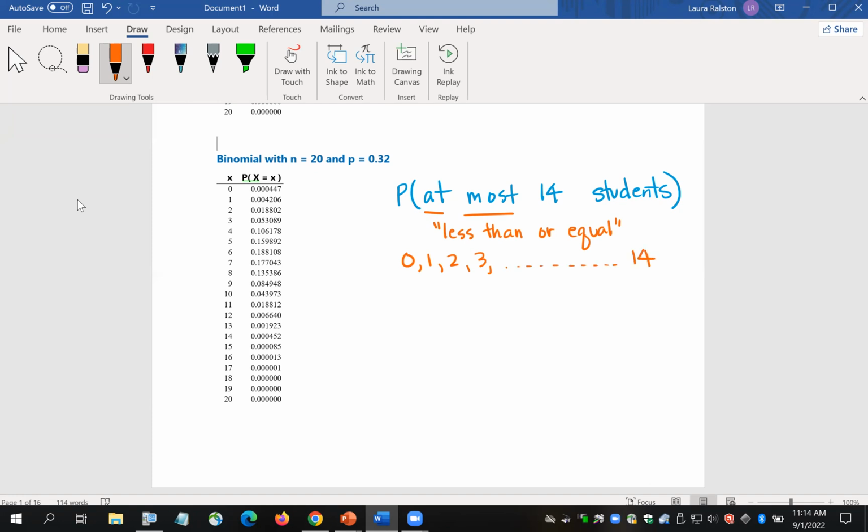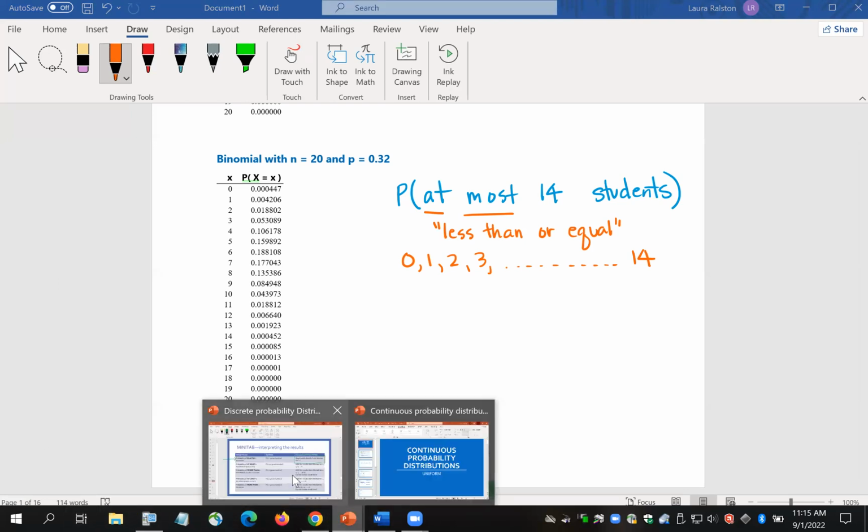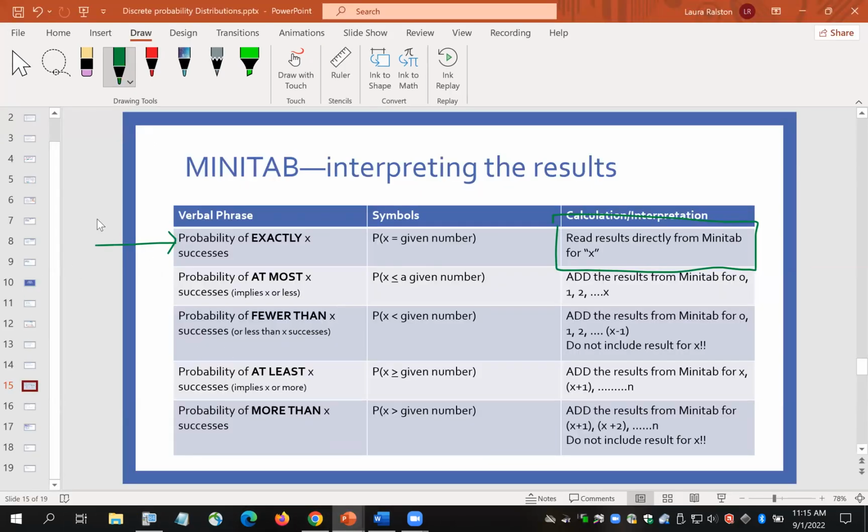So if you want to think about it logically, that kind of helps you figure out how to work the problem. But there again, also you can use this table. This time we're looking for at most.